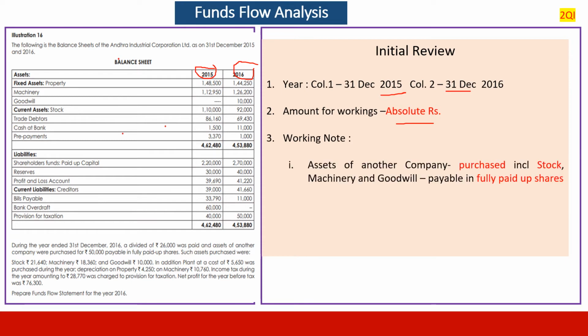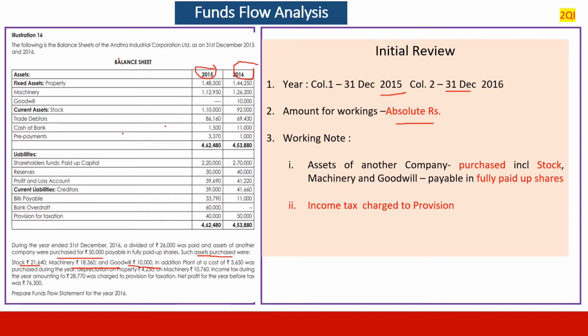And under working note, as we have discussed in the previous one, stock 21,640, machinery 18,360, goodwill 10,000 were purchased by the company by issuing capital of 50,000. Assets of another company purchased including stock, machinery and goodwill payable in fully paid shares. How do we treat it?